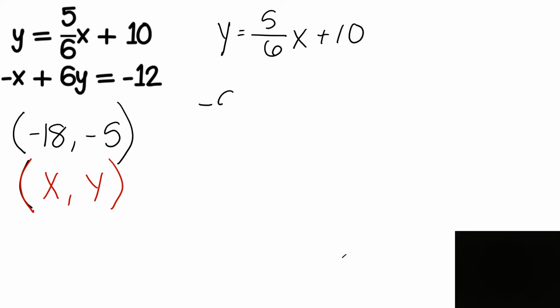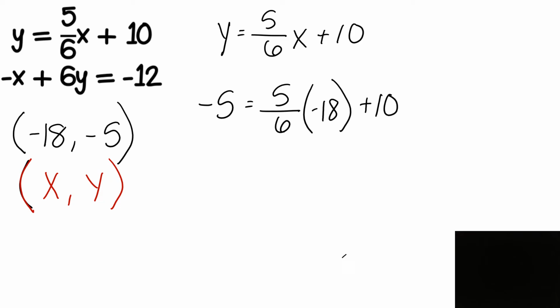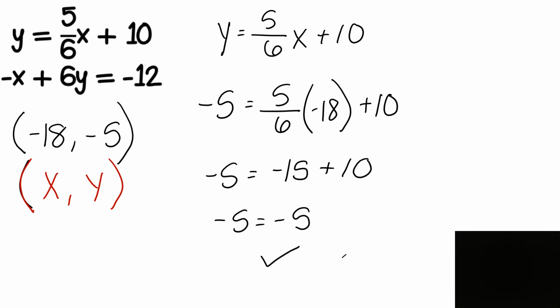My y value, negative 5. My x value, we multiply, negative 18, and then plus 10 at the back. Using my calculator, we can solve the fraction 5 over 6 times negative 18, which would get us an answer of negative 15. Negative 15 plus 10 would give us an answer of negative 5, and both sides match.